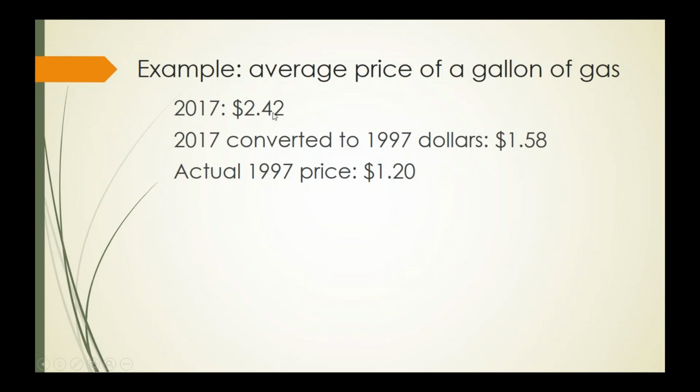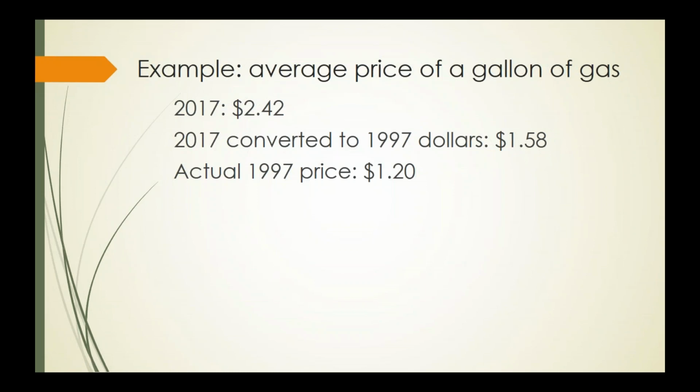I can go a step farther and tell you the actual average price of a gallon of gas in 1997 was $1.20. So what does this tell us about 2017 gas prices versus 1997 gas prices? Well, the 2017 price of $2.42 is equivalent to $1.58 in 1997, but gas actually cost less than that. It cost only $1.20 in 1997, so the price was lower, even adjusting for inflation.